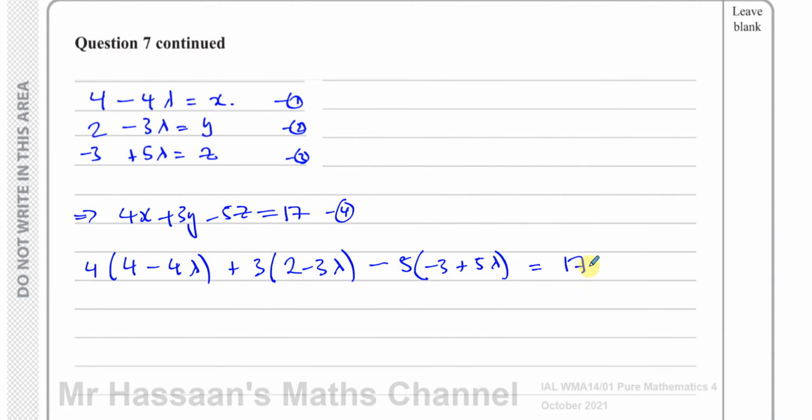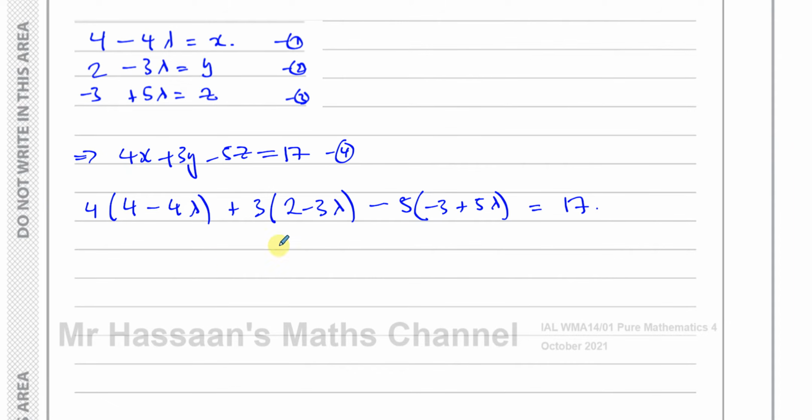And I can now have an equation with just lambda in it, and that will help me find the value of lambda, which will take us to the point x, y, z for my vector equation of the line. So we're going to have 16 minus 16 lambda plus 6 minus 9 lambda plus 15 minus 25 lambda is equal to 17.